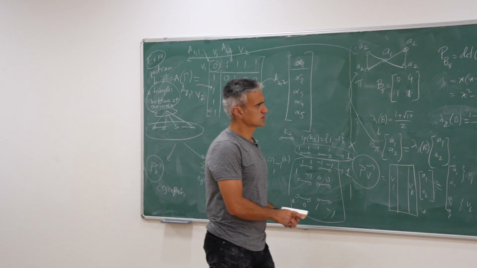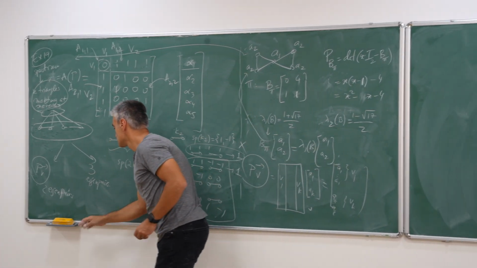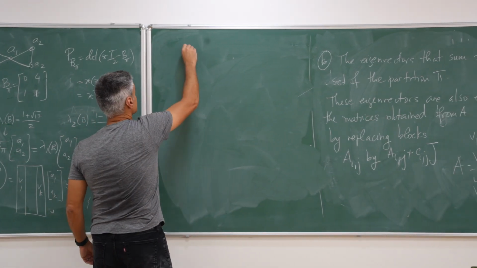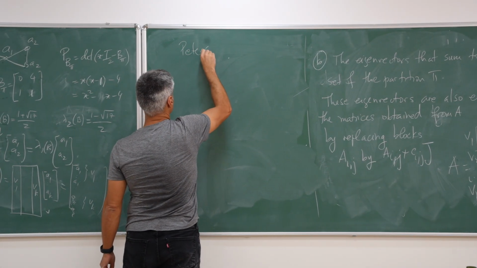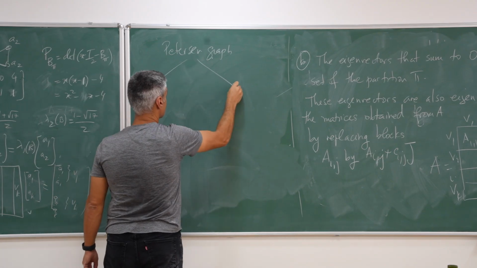Let me see. I'll just give you one more example and then we'll finish. So for the Petersen graph, let's just do two side by side.